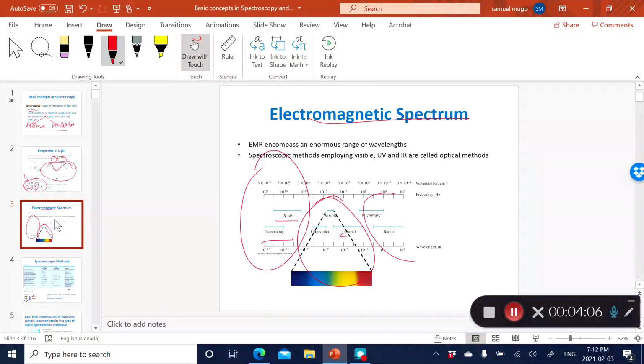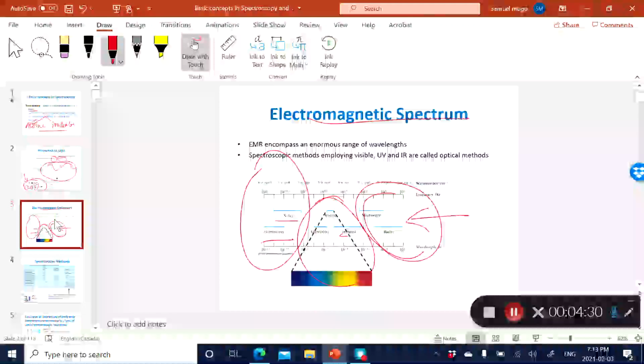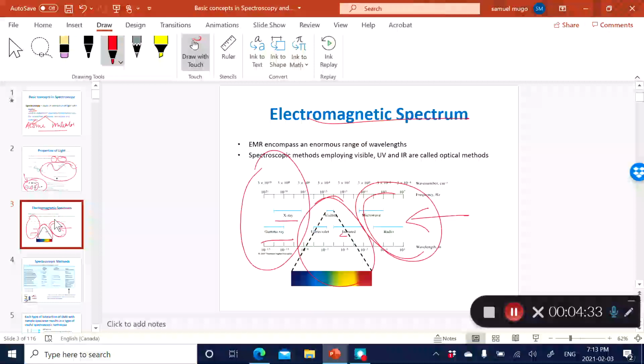Now you can also have lower energy types of electromagnetic radiation, such as microwave, radio waves, and so on. And equally, when they impinge on a chemical specimen, the energy is not strong enough to cause electronic transitions, and instead, you would have things like rotation of the bonding electrons, and so on. So take note of that.